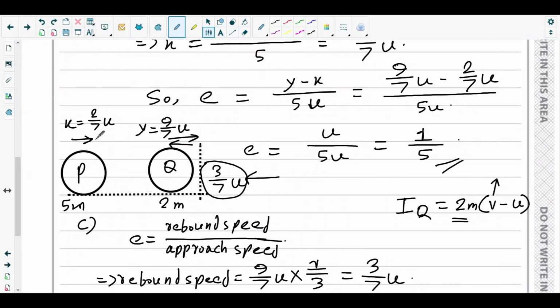But you can see that particle P has a much larger mass than particle Q, and the speed is just 1/7 u greater, because the speed of particle P during the collision is 2/7 u, but the speed of particle Q is 3/7 u. So their difference in speed is just 1/7 u, but the difference in mass is 3m.